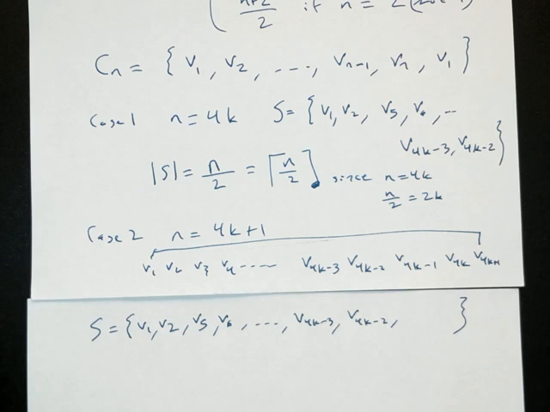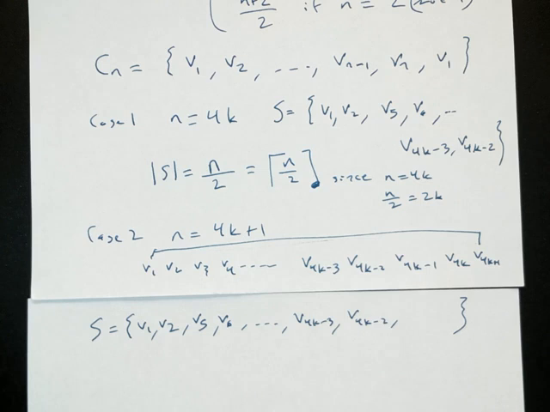That's right. V1 covers V(4k plus 1). 4k minus 3, 4k minus 2 covers 4k. This one, V4k, got missed, didn't it? Everything else got covered the same way it did up there.